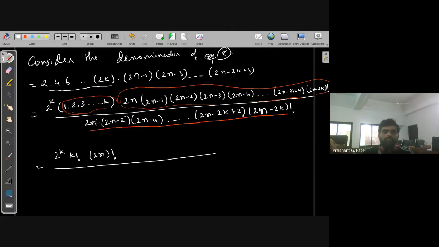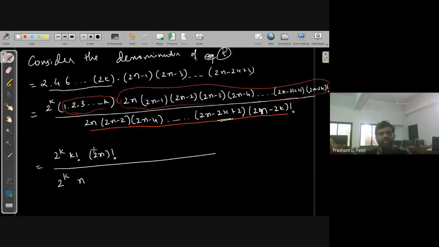If I take 2 common from each and every quantity here, how many times is 2 common? How many terms are here? There are k terms up to here. I'm not including this 2n minus 2k, but up to this term we have k terms. So 2 power k is common.